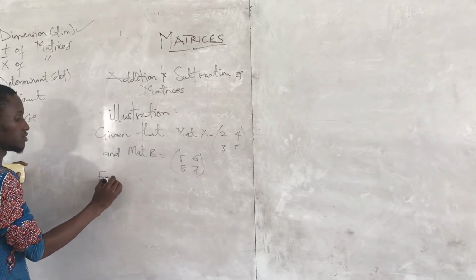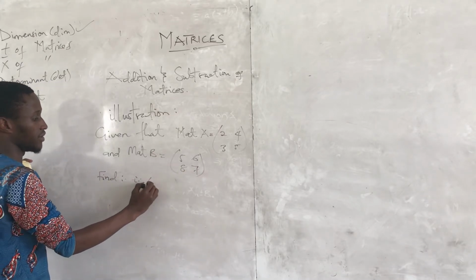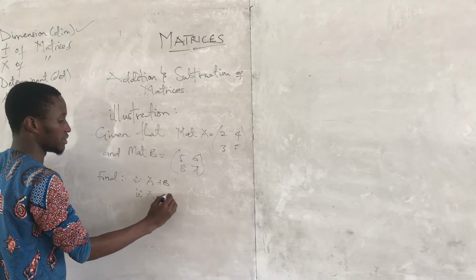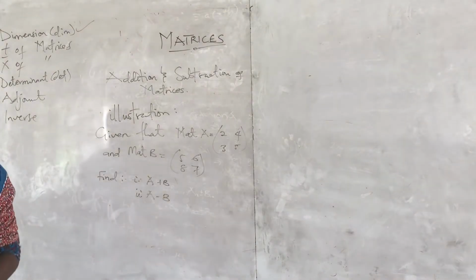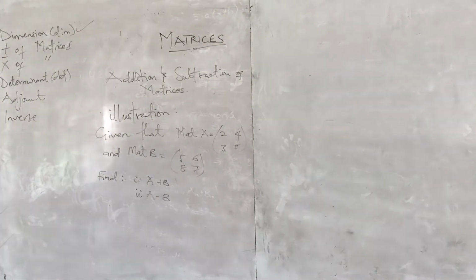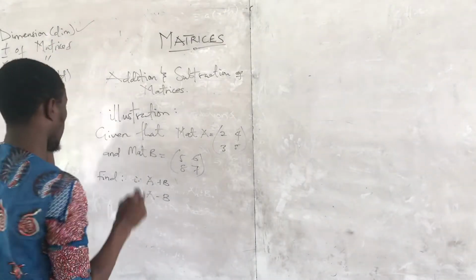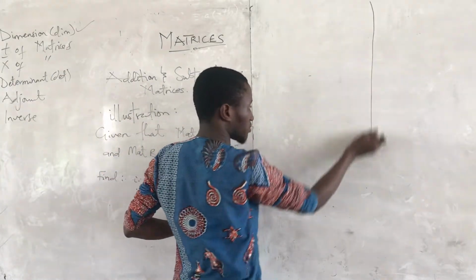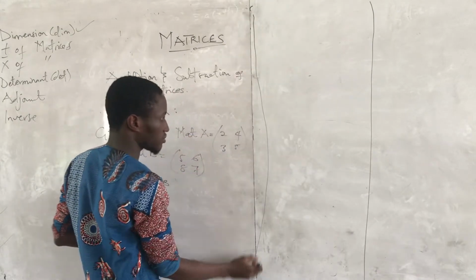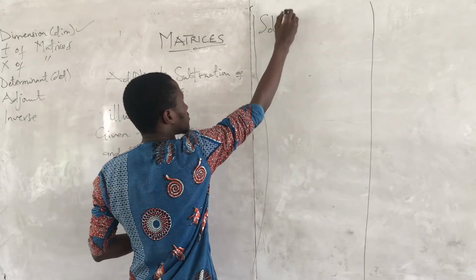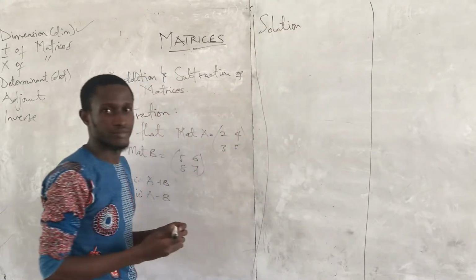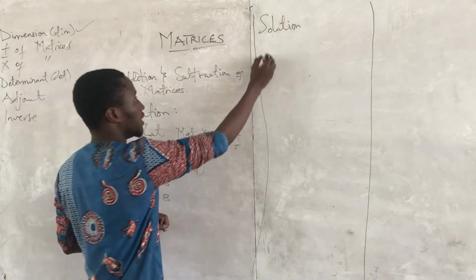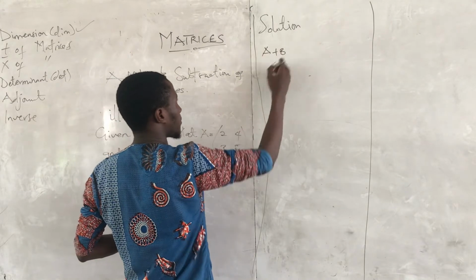Find one, A plus B, and two, A minus B. That's what we are going to do. So, solution. So, we'll take A plus B.